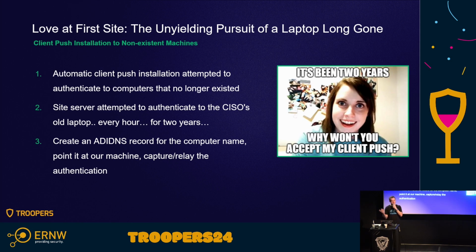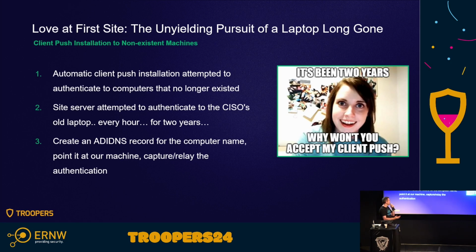Another kind of funny story, we were on a client engagement and we were observing kind of what the SCCM environment looked like, and we had seen in the logs that the site server, because automatic client push installation was enabled, had been trying to authenticate to the CISO's laptop for 2 years, but the object didn't exist.